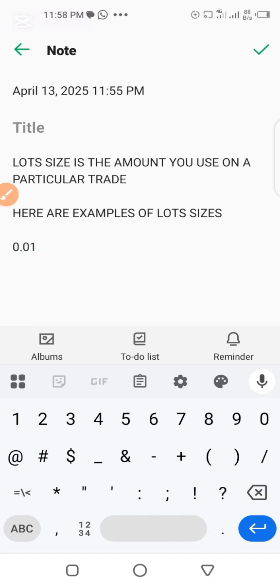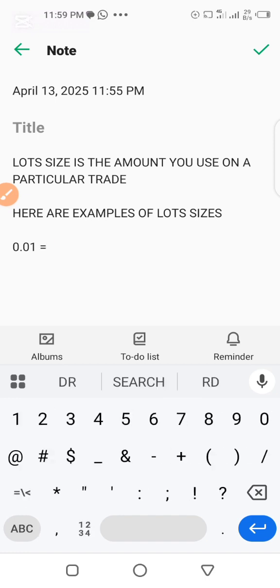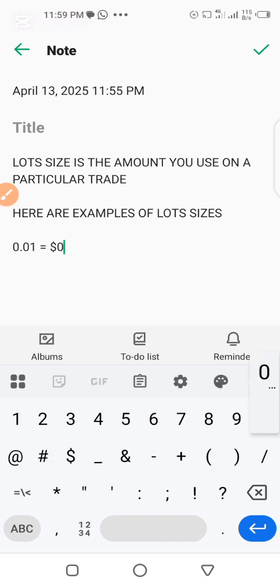Now we have 0.01, which is equal to 0.1 cent, right?